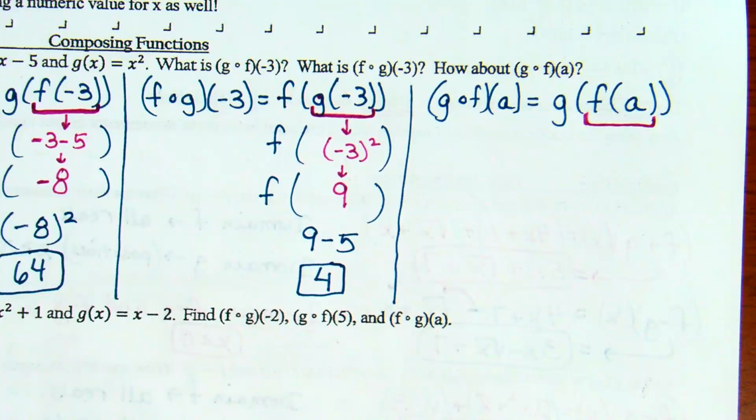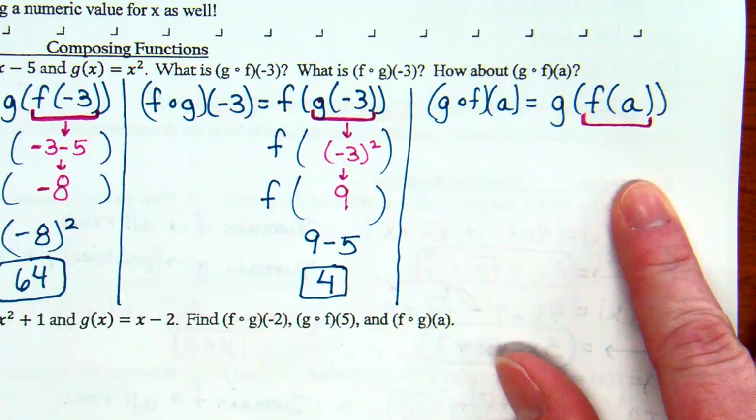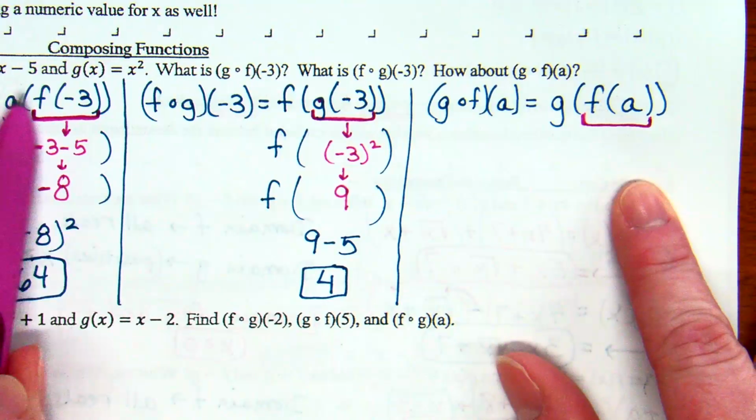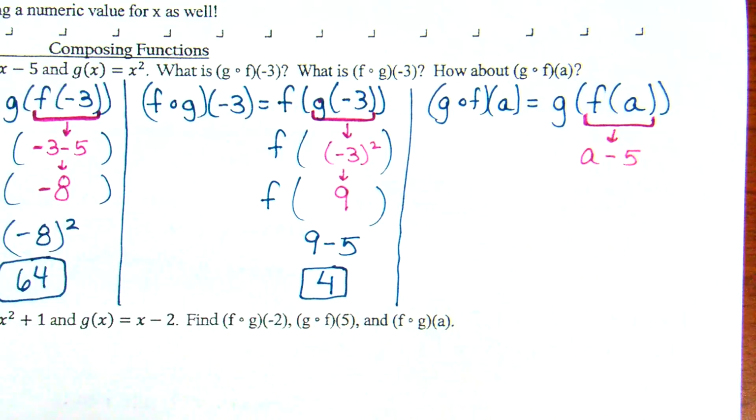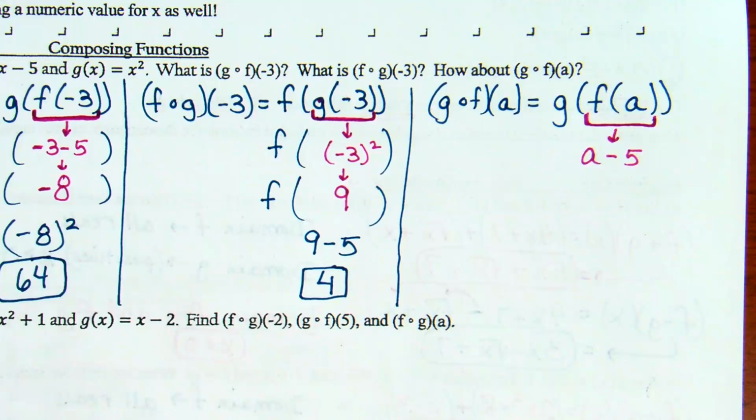Okay, so if I start on the inside, F of A. F was x minus 5, so my x becomes A, and it is A minus 5. Normally I clean up at this point, but A minus 5 has no cleanup.